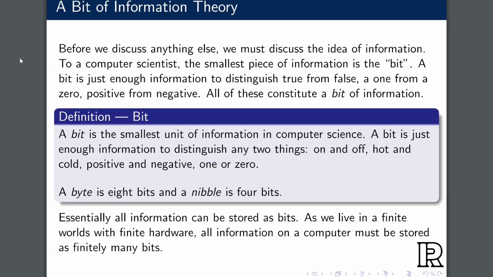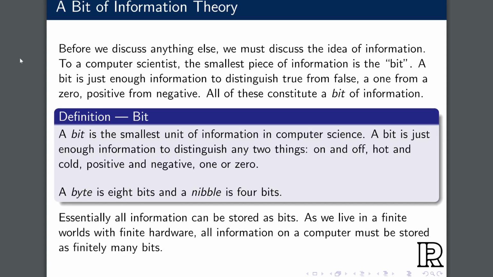Now, computer science has invented words for collections of bits. A byte, which is a more familiar term, like the byte in kilobyte, is 8 bits, and a little piece of trivia, a nibble is 4 bits. It's half a byte. I'm not going to get into information theory that much, but from a practical standpoint, all information can be stored as bits.